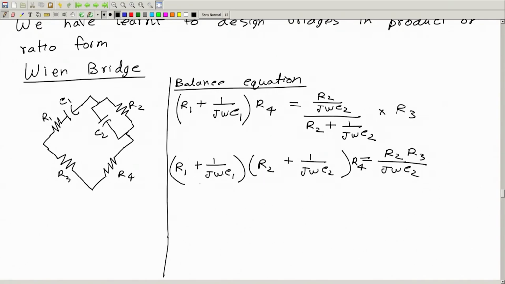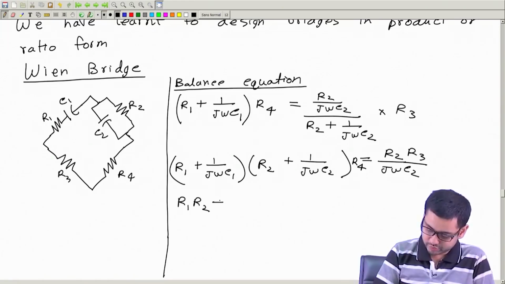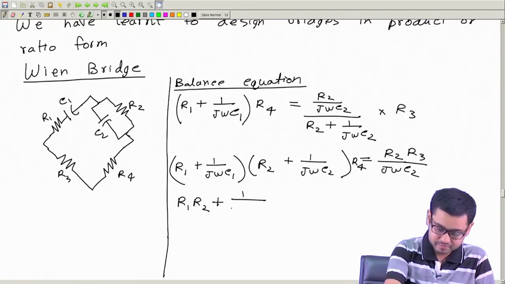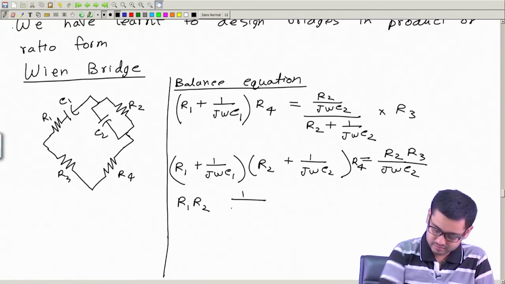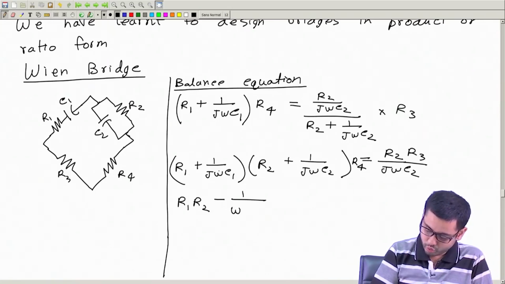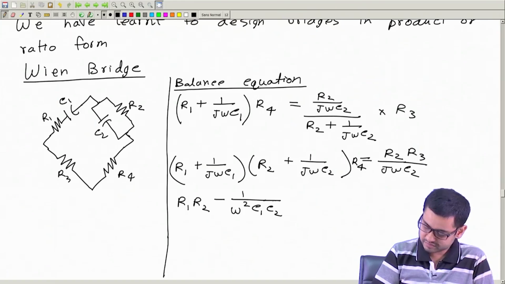Okay. So, let me take the product R1 R2. This is a real number, then plus 1 over j square which is minus 1, then omega square C1 C2. Okay.